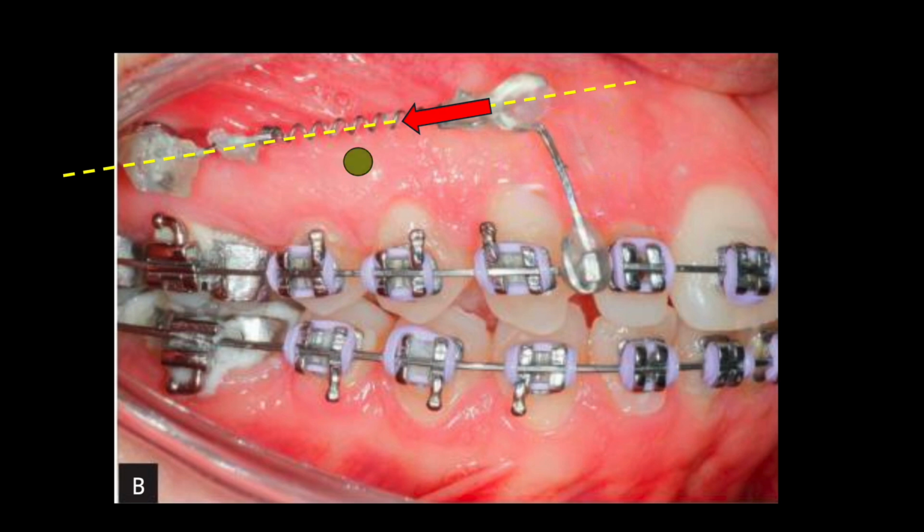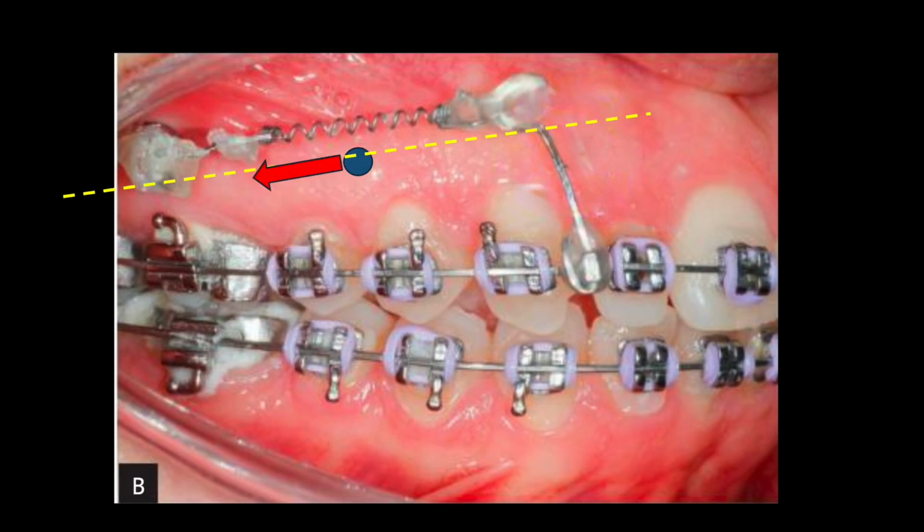Step number 4, transpose the equivalent force system at the center of resistance. As you can see, there is a distance from the center of resistance to the line of action of the force, so transposing the force creates a counterclockwise moment like this.